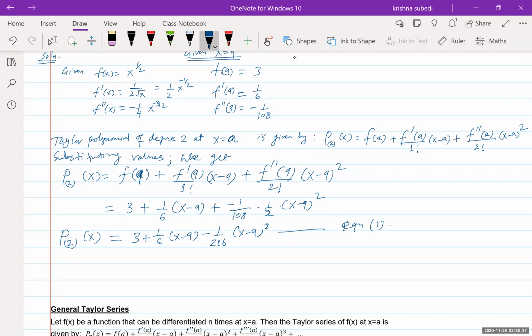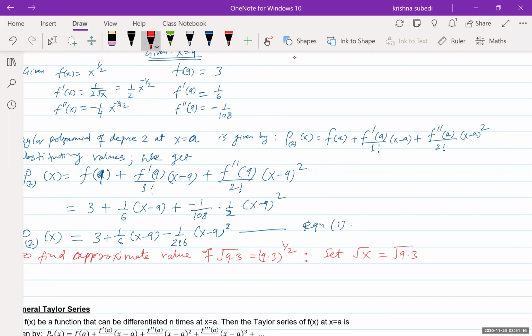So to find the approximate value of square root 9.3, which means 9.3 to the power half, set whatever function is given, which is square root x, equal to square root 9.3.